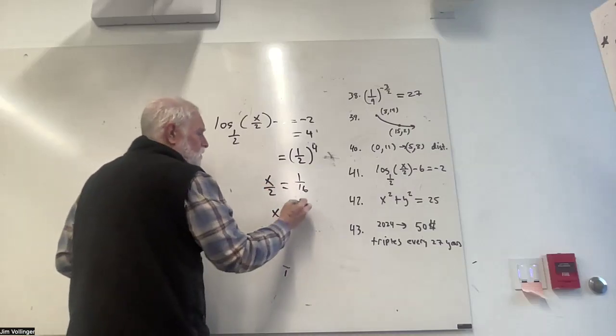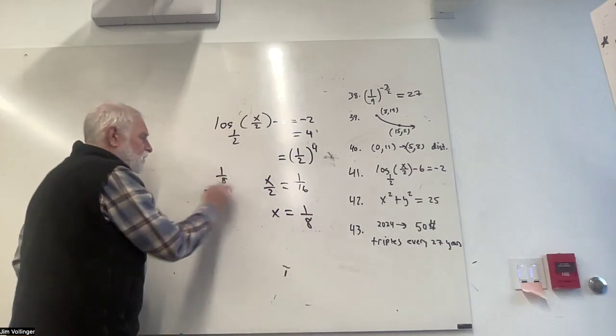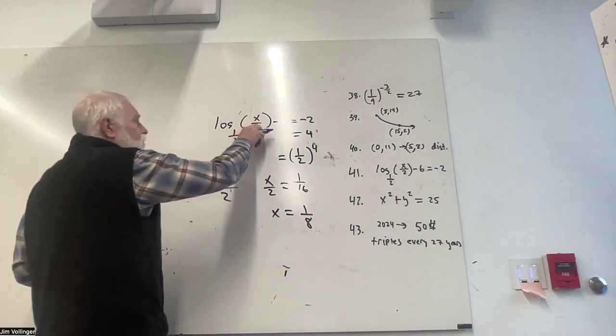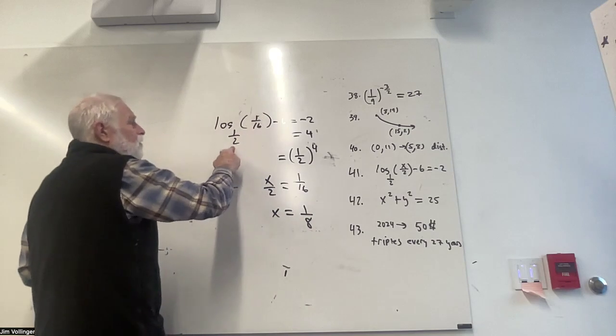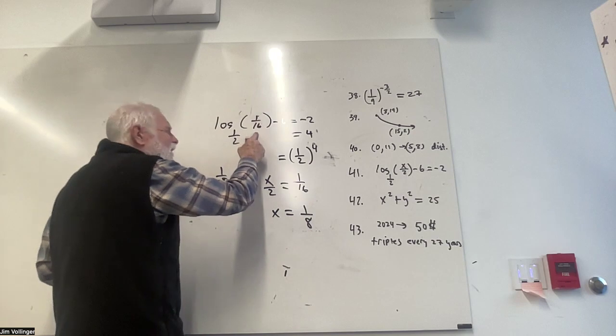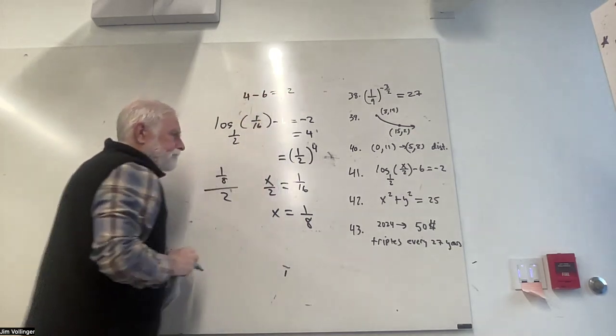So X equals 1/8. I hope we can see that 1/8 divided by 2 is 1/16. So if I put a 1/16 in here, what do I have to do to 1/2 to make it 1/16? I've got to 4th power it, and 4 minus 6 is -2.